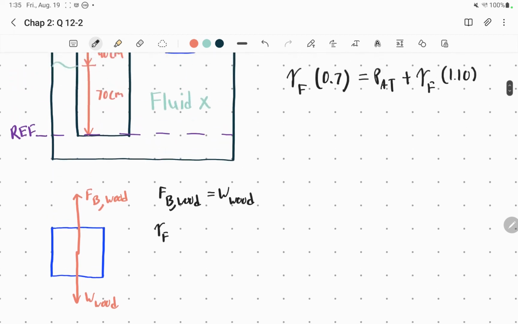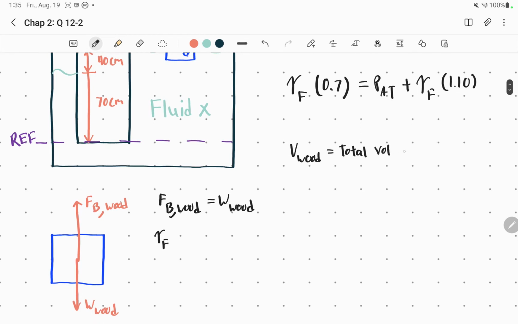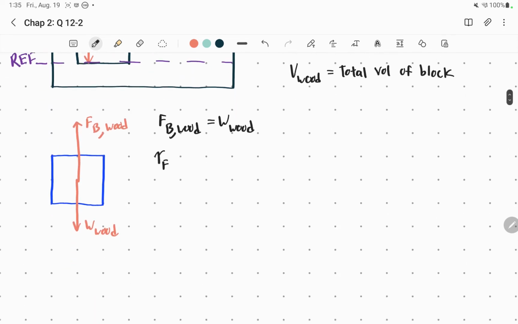Let's call the volume of the wood V wood, the total volume of the block. We know that only 75% of it is submerged, so instead of using a different variable like volume displaced, we're just going to use 0.75 of V wood.